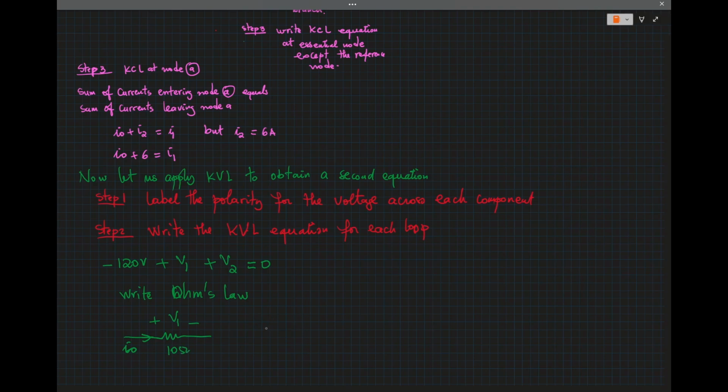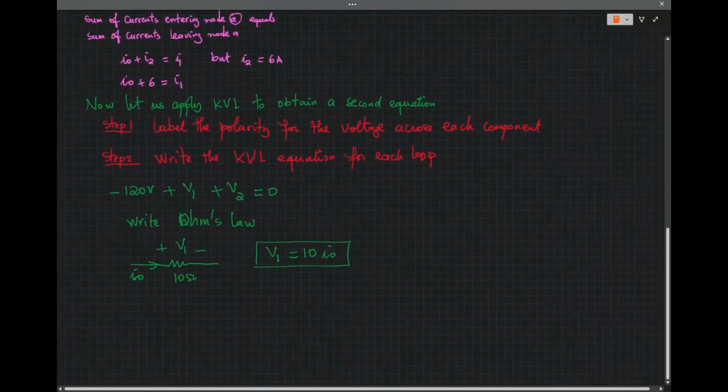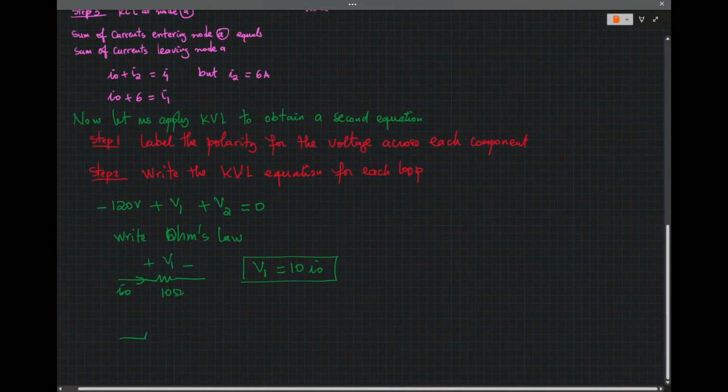So when we write Ohm's law, V1 is 10 times I0, right? So we have that passive sign, and then we have the 50 ohms.